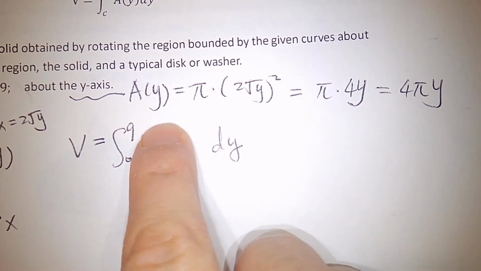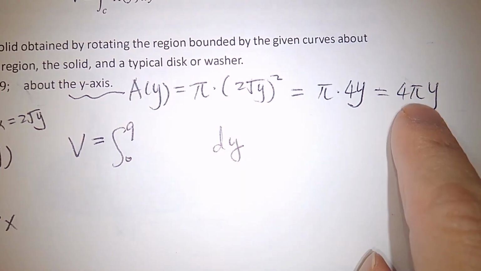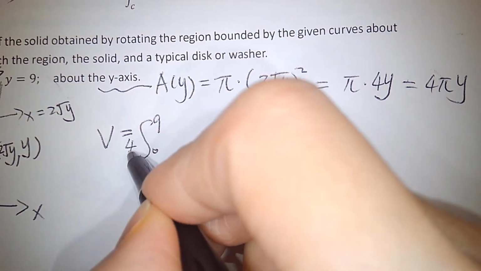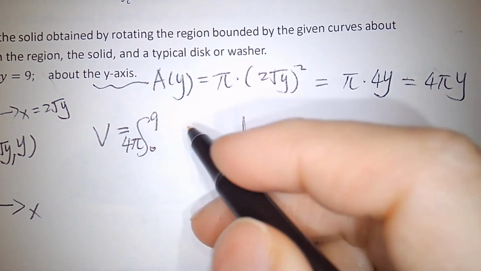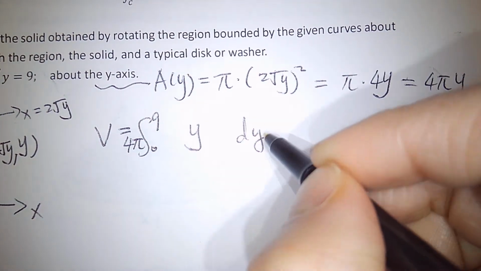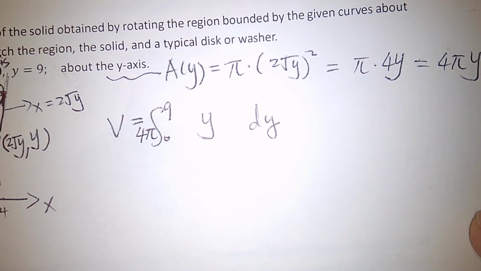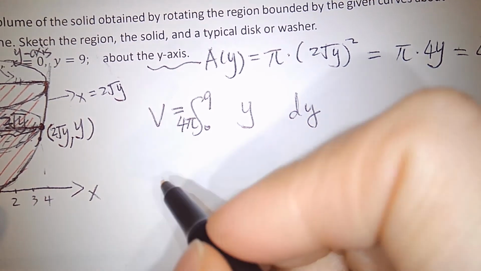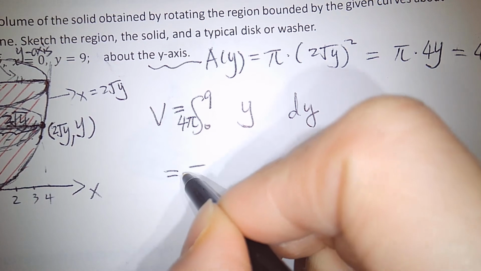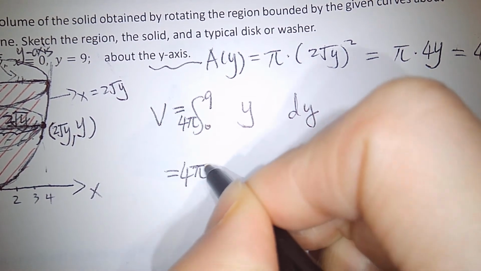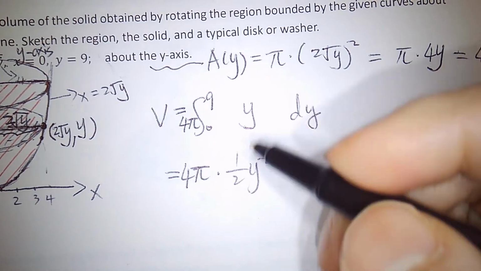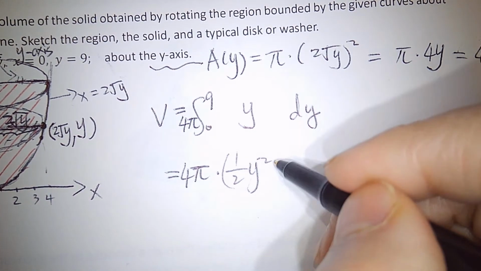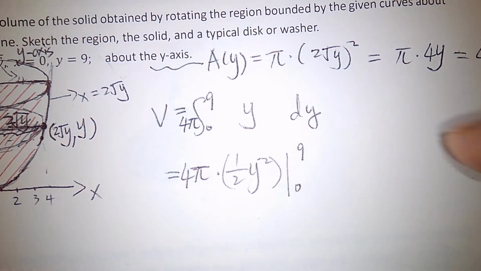Now I'm going to plug in A of y here. We have 4 pi as a constant, 4 pi times the integral from 0 to 9 of y dy. Let's compute the antiderivative. 4 pi stays 4 pi. What is the antiderivative of y? 1/2 y squared, and then evaluate from 0 to 9.